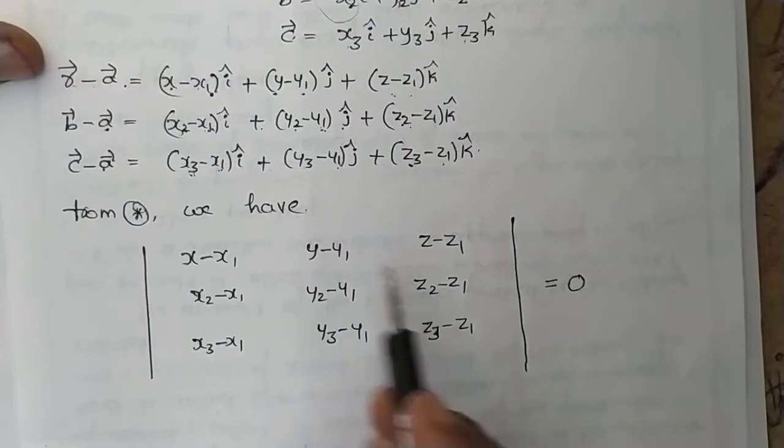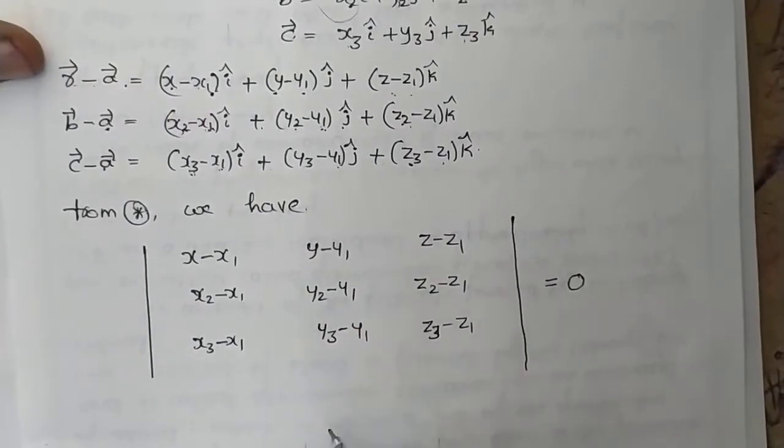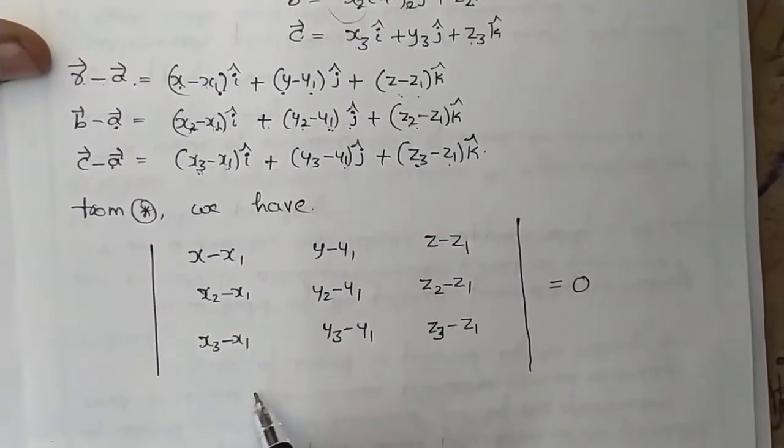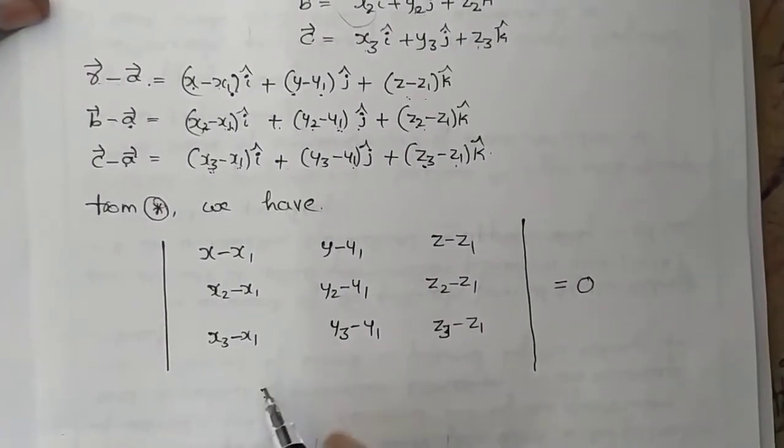If we find the determinant value, then finally we will get the equation of a plane. Hence it is the Cartesian form.